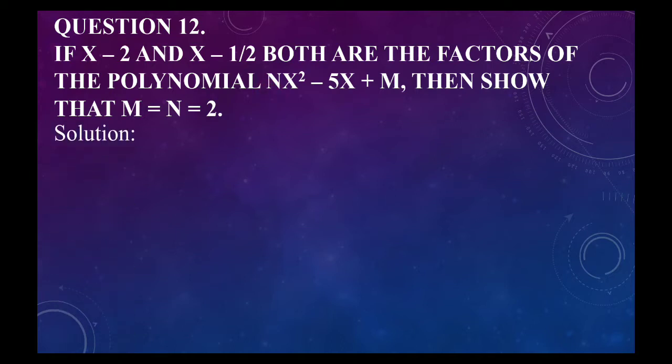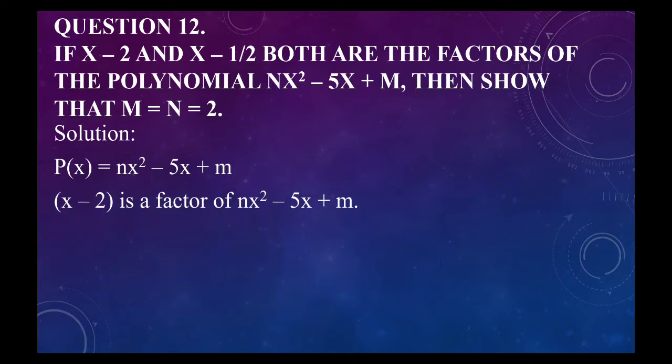proved. Okay. Now the polynomial p of x is equal to nx square minus 5x plus m. So we know that x minus 2 is a factor of the polynomial. So by factor theorem, the remainder is p of 2.